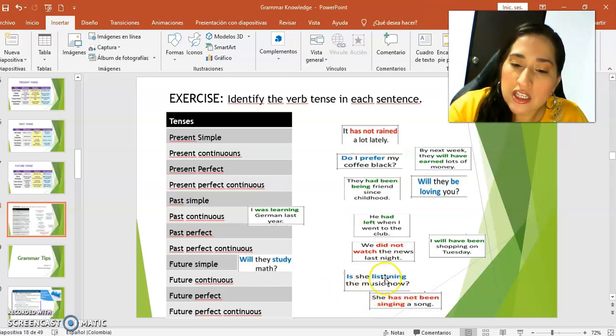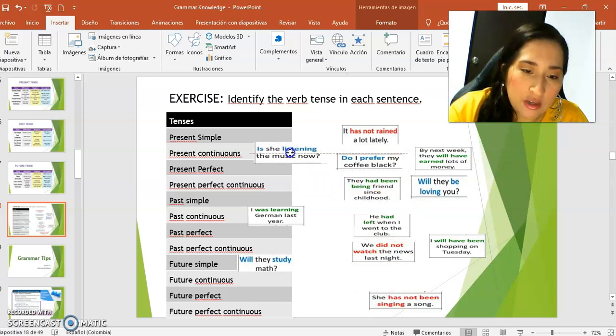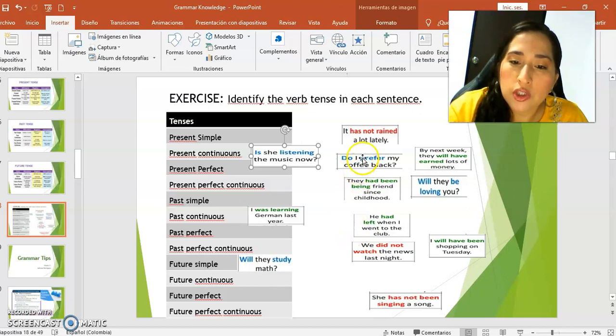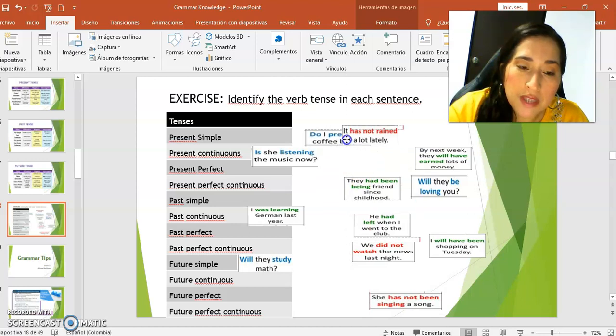In this moment, is she listening to the music? Is present continuous. Okay. Nice. Another. Do I prefer my coffee black? That is a question in present tense. So it is present simple tense.